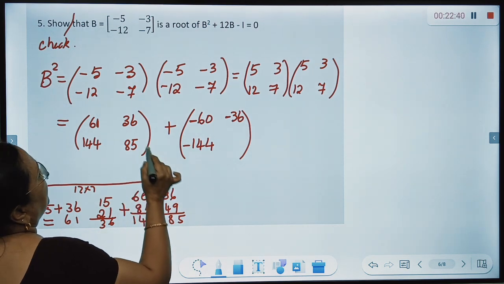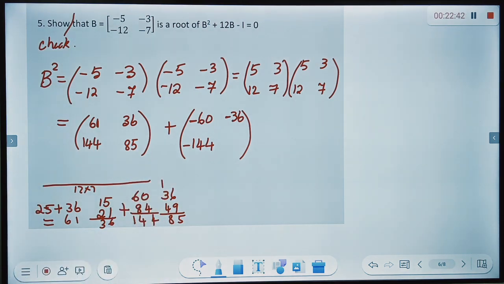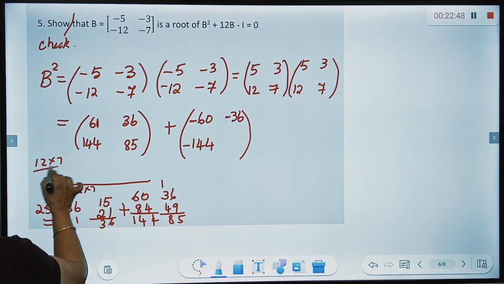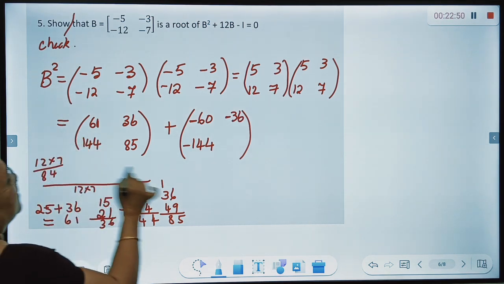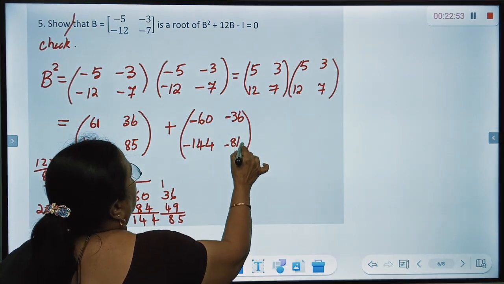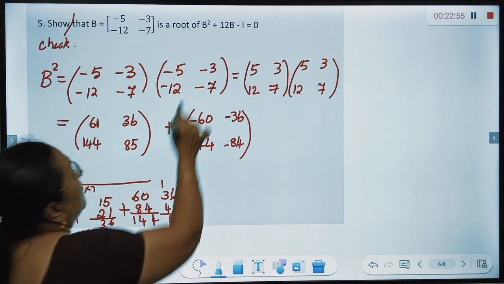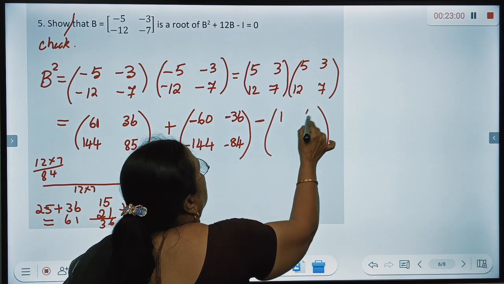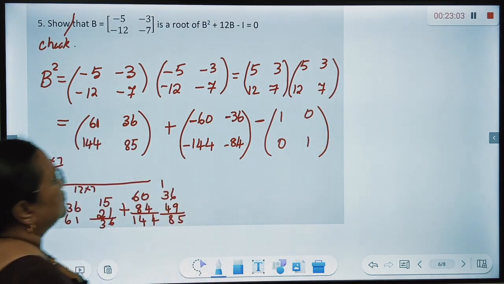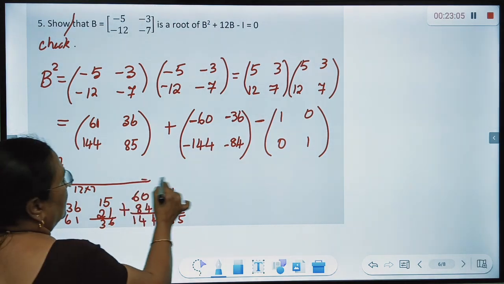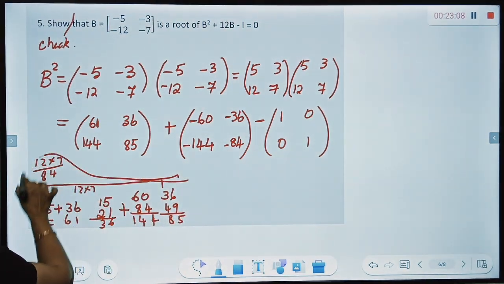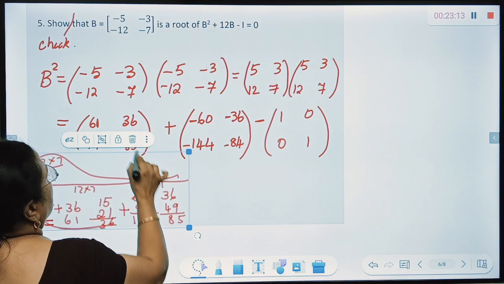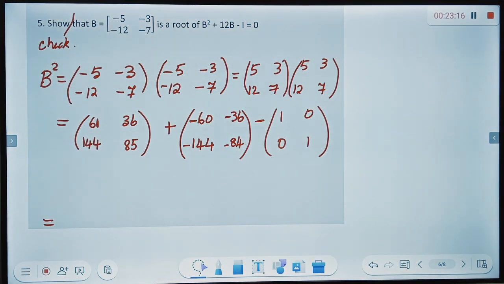Then minus 7 into 12, minus 84. Minus I. What is I? [[1,0],[0,1]]. So this I am going to remove.